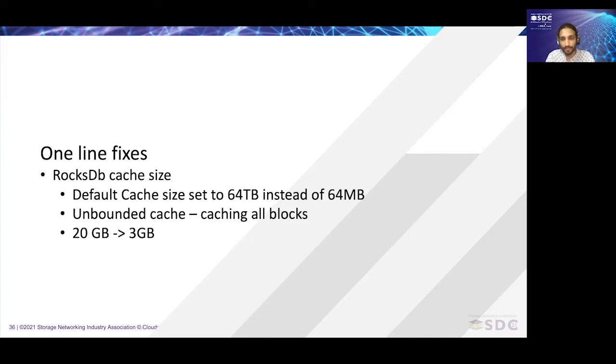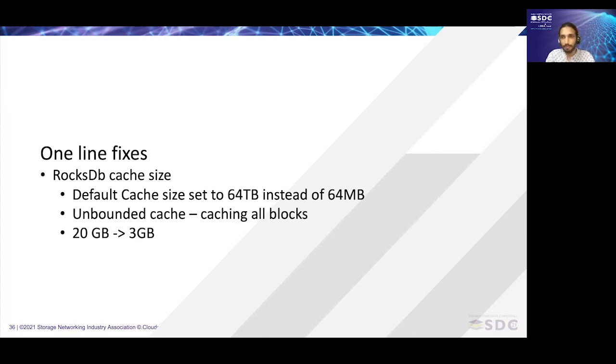We were multiplying this cache size again by MB. So 64 MB into another MB, and we ended up configuring the cache size to around 64 TB. So this was like an unbounded cache. All of the RocksDB instances and all of the blocks in that RocksDB instance were being cached by RocksDB.